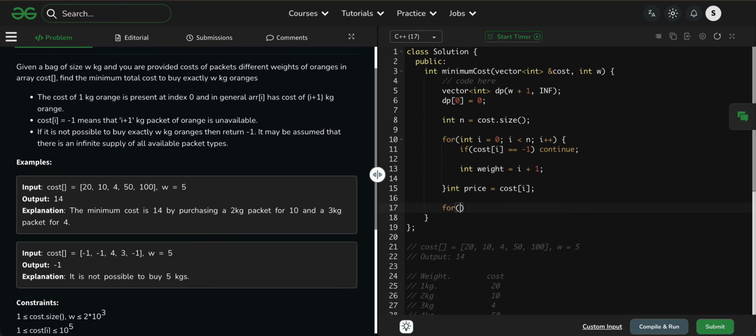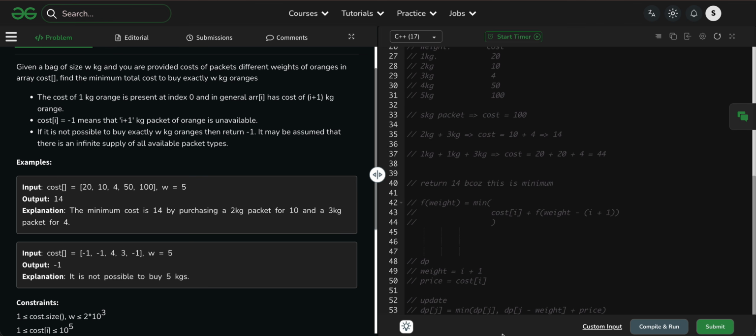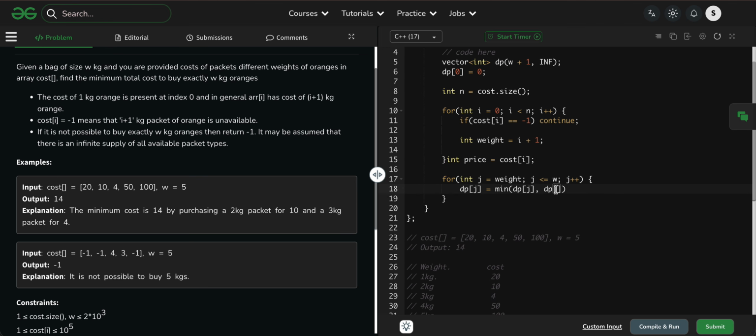Now here is for int j is equal to weight, j less than or equal to w, j plus plus, right. And then dp[j] is equal to min of dp[j] and dp[j minus weight] plus price, the same formula which I used before, simple, right.